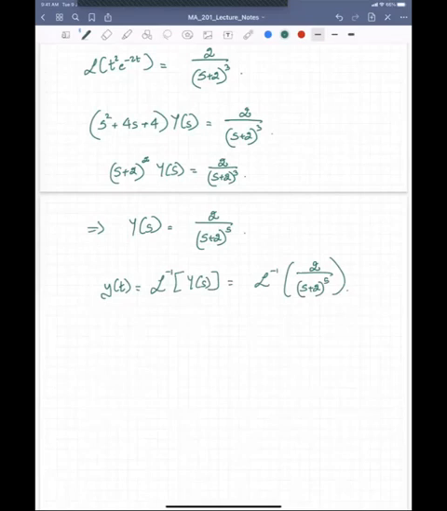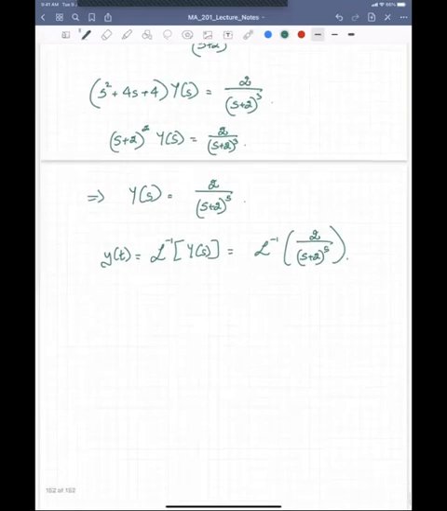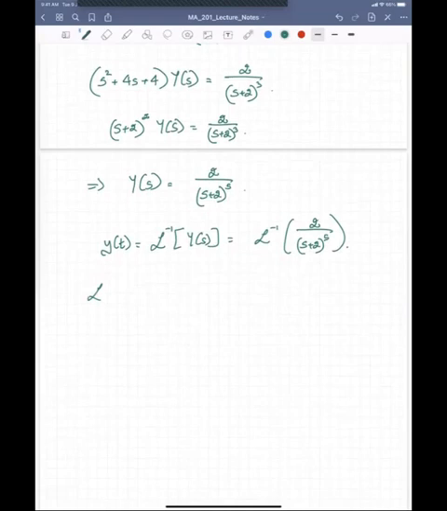So remember that whenever you have just 1 over s to the something, then there is a t to the power n involved, right? And since I have not just s to the 5, but (s plus 2) to the 5, there is some shifting involved. So I can use these two formulas that we just talked about. L of t to the n is n factorial over s to the n plus 1.